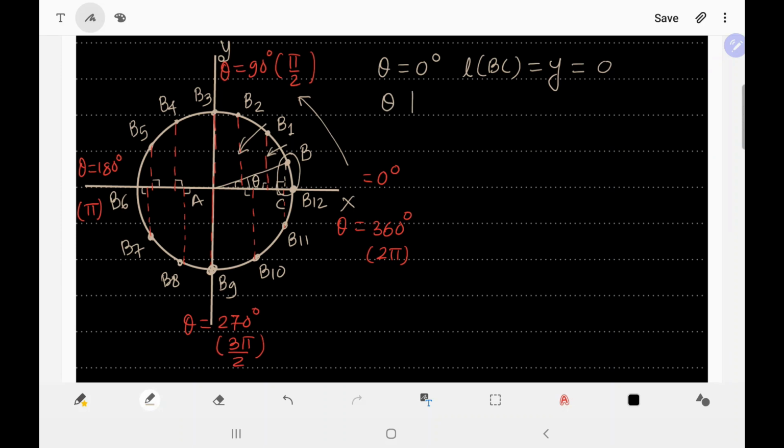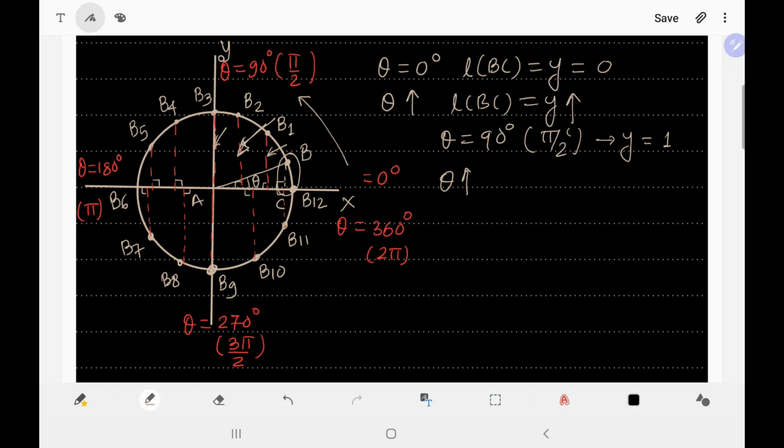Now as theta starts increasing, we can see the y coordinate of point B also starts increasing. At theta equal to 90 degrees, which can also be written as pi by 2 radians, the y coordinate becomes equal to 1. At this position, the point B is lying on the y-axis.